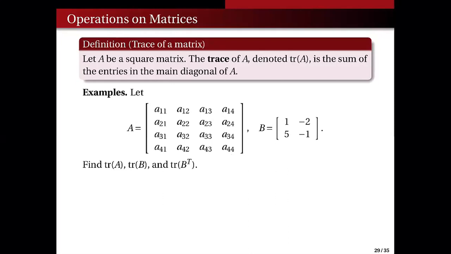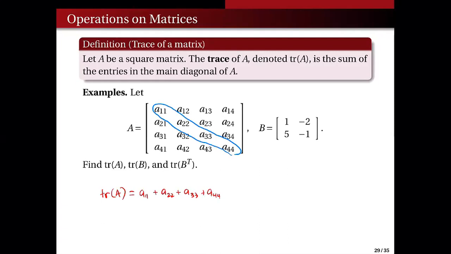The main diagonal is A11, A22, A33, A44, so the trace of A is A11 plus A22 plus A33 plus A44.